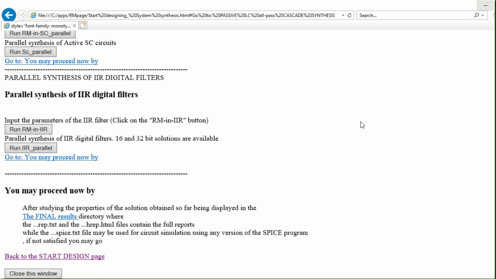So in this case, we may decide whether our approximation of the group delay is satisfactory or not, or if satisfactory, we will finish, or if not, we may restart the design.